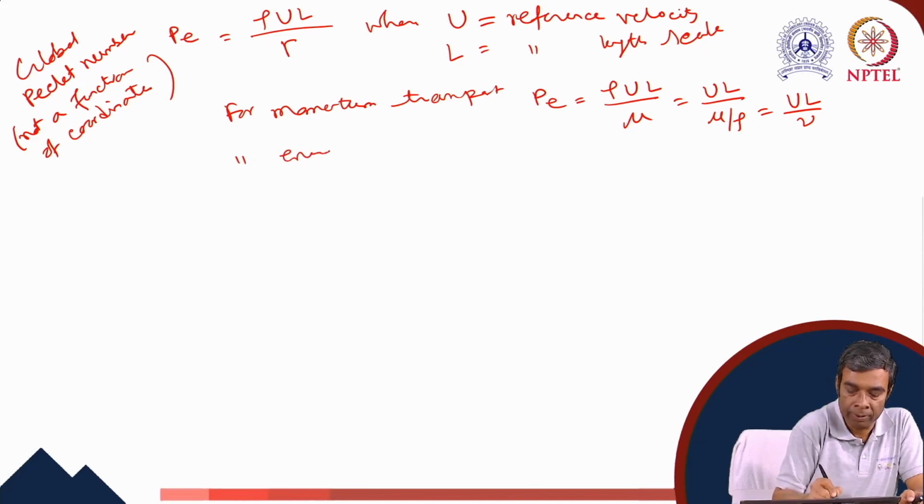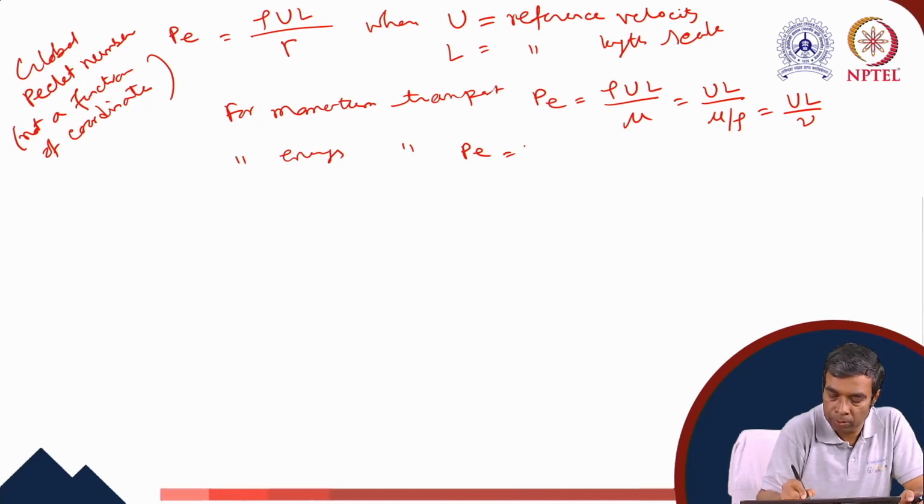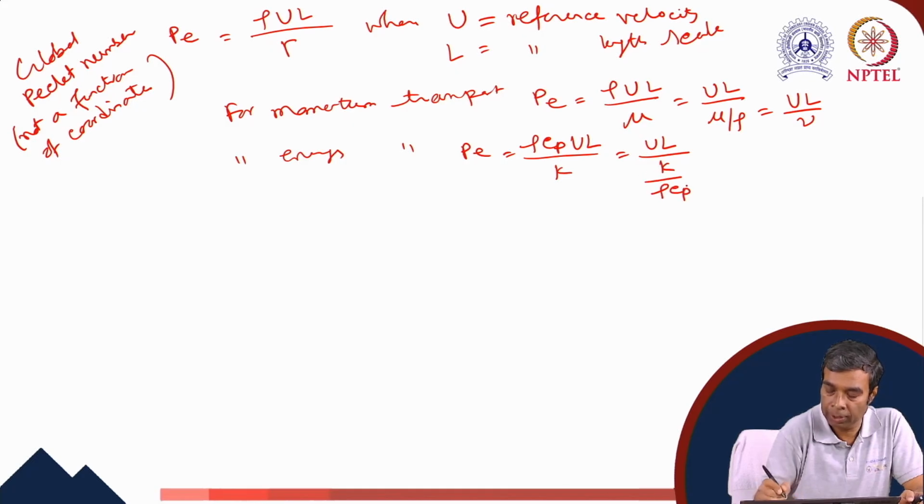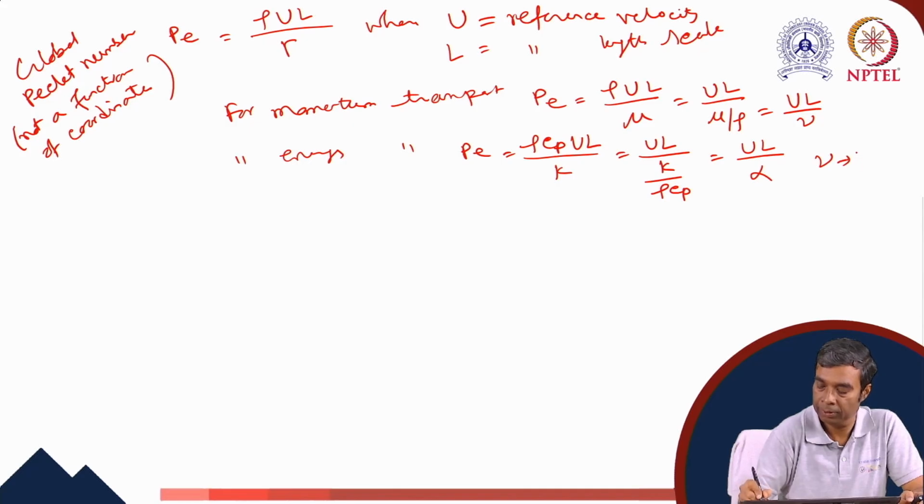For energy transport, Pe equals rho Cp UL by K equals UL by K by rho Cp equals UL by alpha. So here nu is kinematic viscosity, alpha is thermal diffusivity.